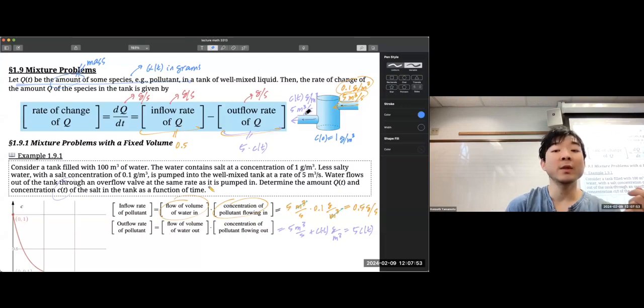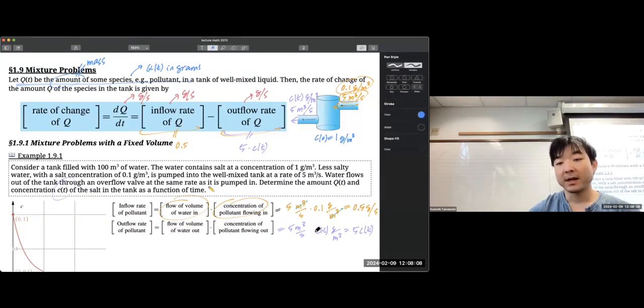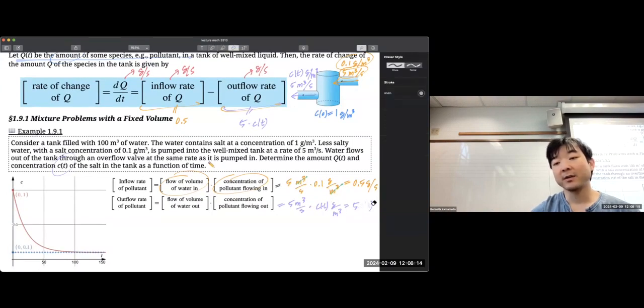So at least we know that the flow of volume of water going out is also 5 cubic meters per second, just like the inflow volume. And that's 5 cubic meters per second times, sorry, this is not plus, this would be times the concentration, which is the unknown. We're not sure what that concentration is. And so together, this is 5 times C of t.